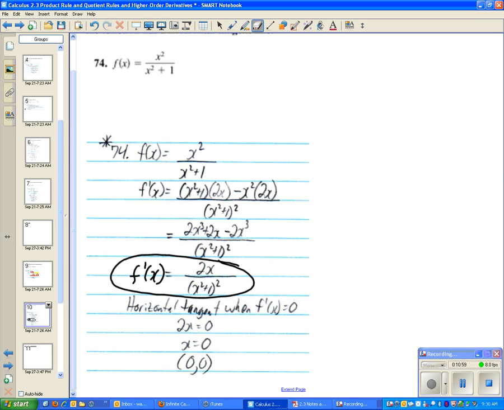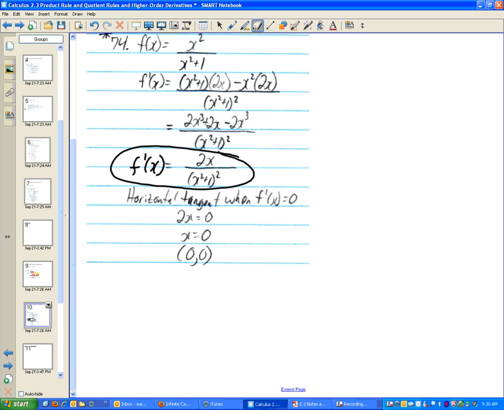Eventually, we're going to need to find where a derivative equals 0 or where a derivative does not exist. Let me write it this way. Derivative equals 0 when the numerator equals 0.